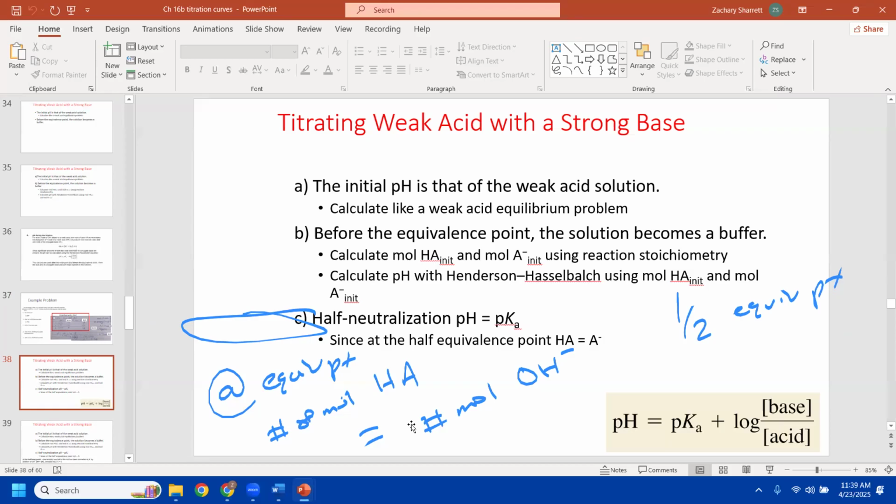There's 100 people, and half of them get their hats taken. So there's 50 people who lost their hat and 50 people with hats. So what situation is this, Jackson? At the half equivalence point, what's happening?